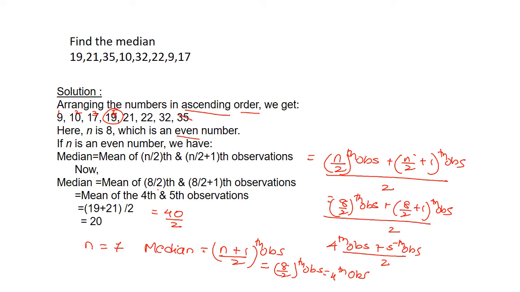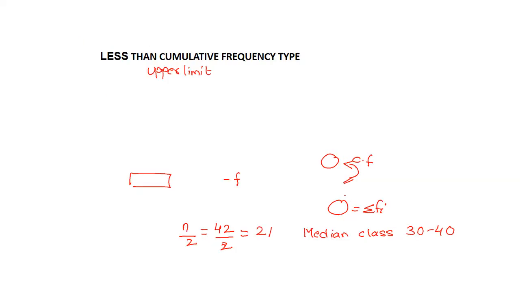So 7 plus 1 is 8, upon 2, that means the 4th observation. The 4th observation here is 19. So the median in this case is 19. I hope you have understood how to find the median for ungrouped data when n is odd and when n is even.